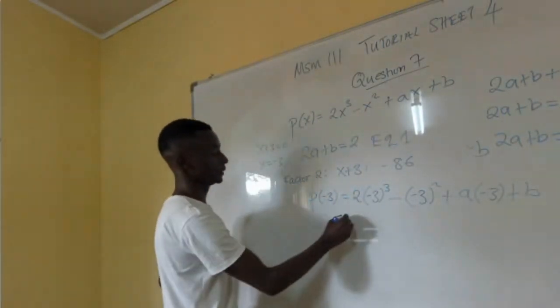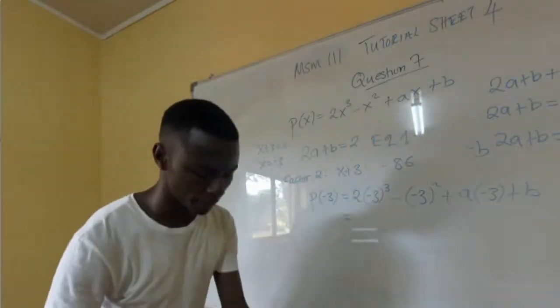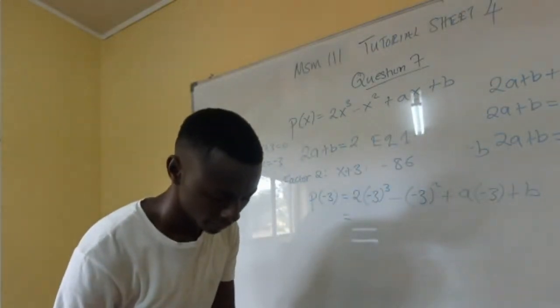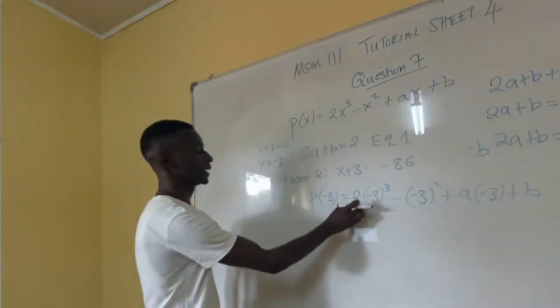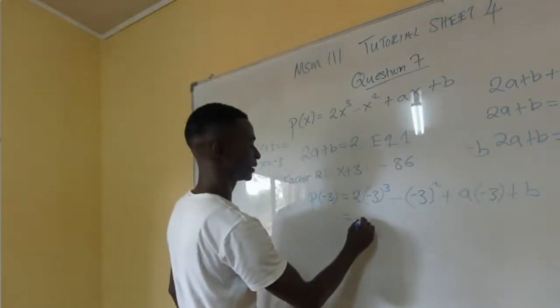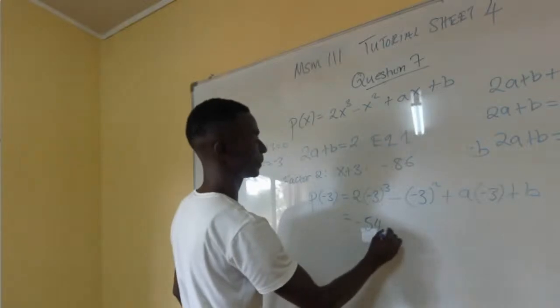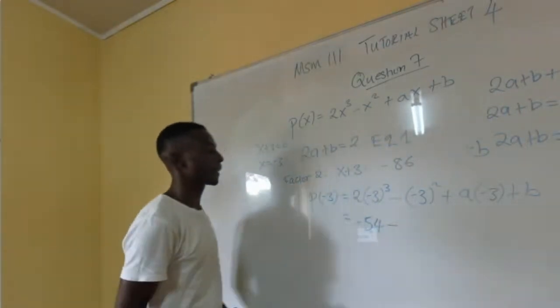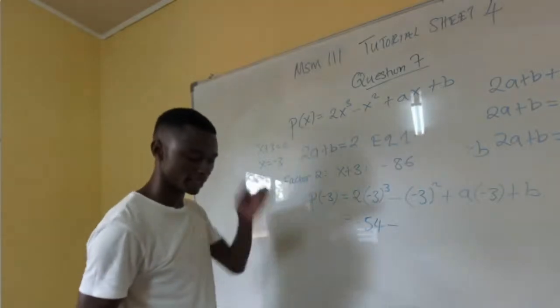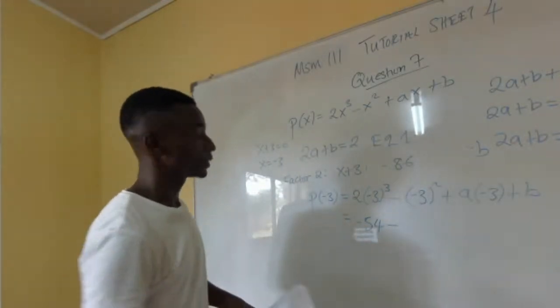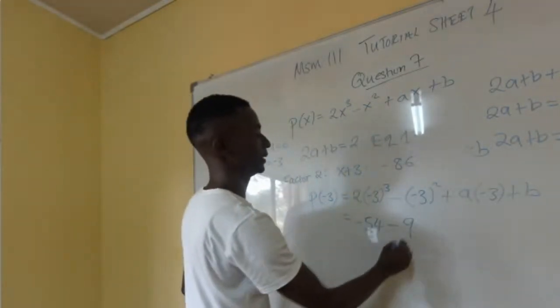So now from there, if we multiply, here we're getting negative 54 plus or minus, what is it we're getting there? We're getting 9.